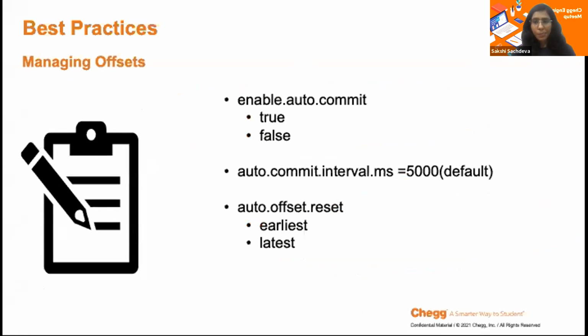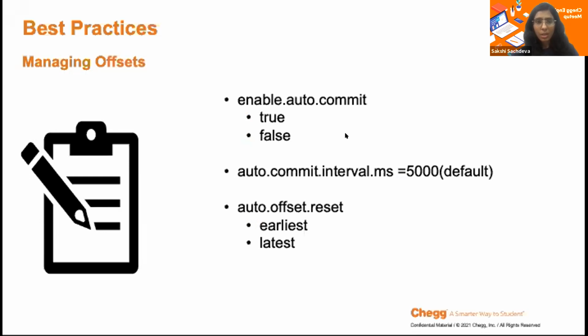Kafka consumers can commit offsets automatically by default, and this is the property which enables auto commit. It means Kafka will be committing the messages within this time period. So if our consumer is not able to process the message within this time period, then it will not be able to commit.